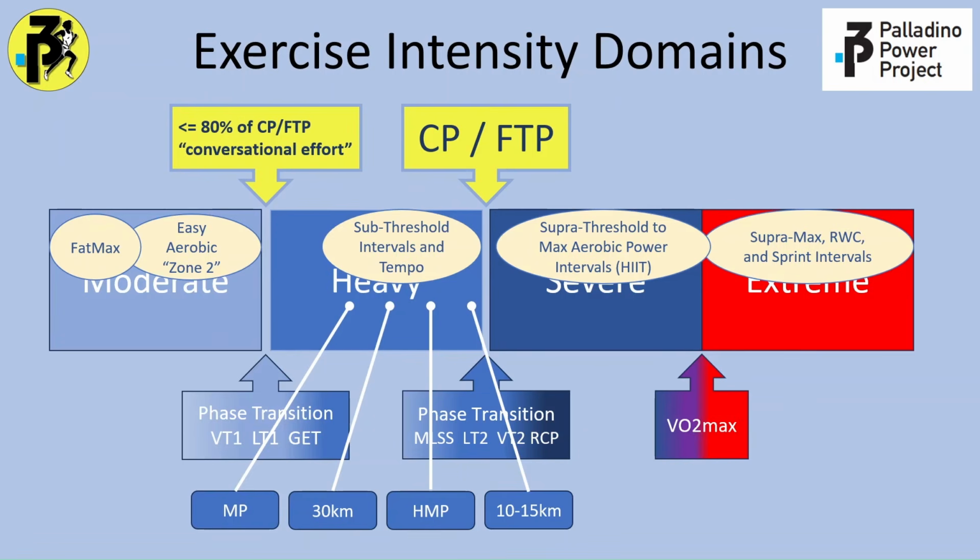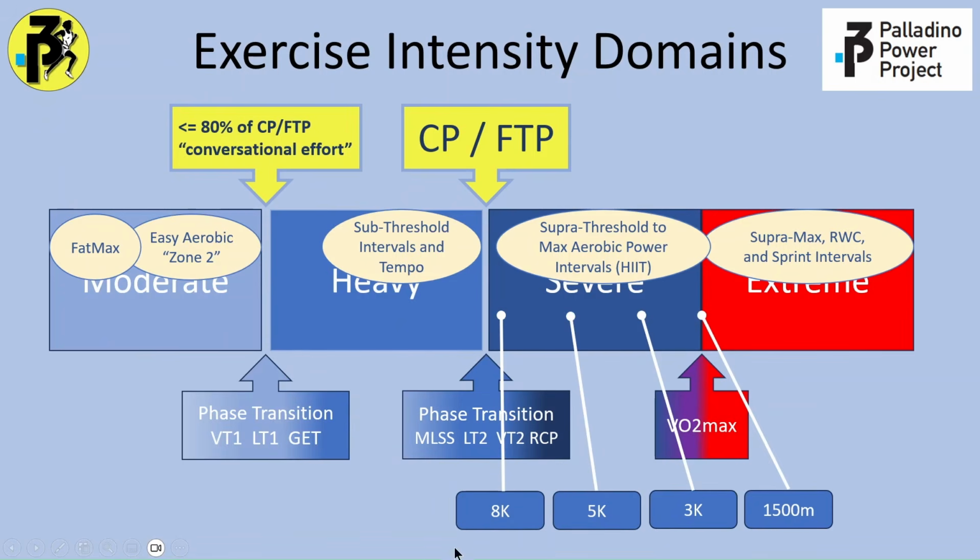All right. And if you go up here into the severe and extreme, you can use markers for VO2 max and reserve work capacity to enhance your prescription, but still the same concept. 8K somewhere down here.